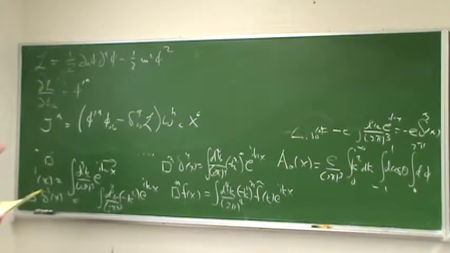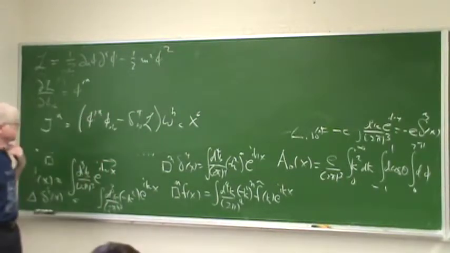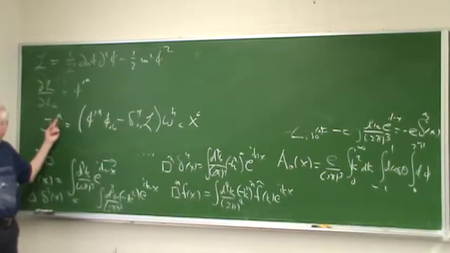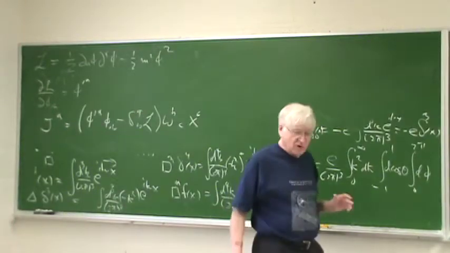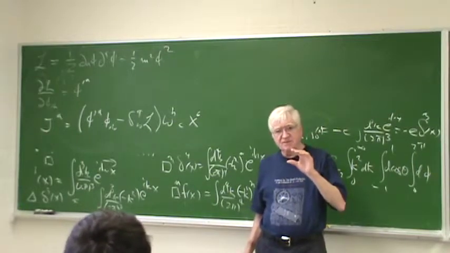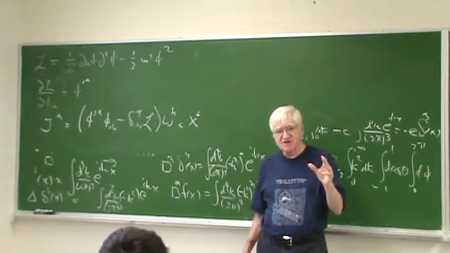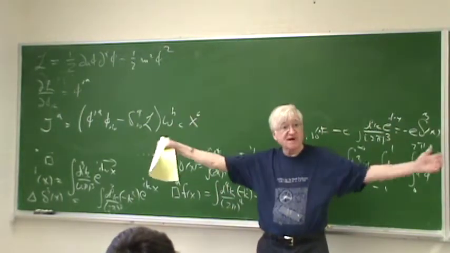Now, let's look at a scalar field, and let's look at the thing that's conserved. Well, the thing that's conserved is the space integral of J_0. And again, as I said before, when you have a conserved current, the thing that's time independent is the spatial integral of J_0 and whatever the surface terms happen to be.